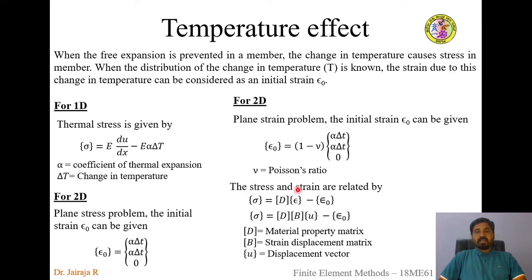The stress strain are related by sigma is equal to D into epsilon minus epsilon naught. So sigma is equal to D into B U minus epsilon naught. D is the material property matrix, B is the strain displacement matrix, and U is the displacement vector.